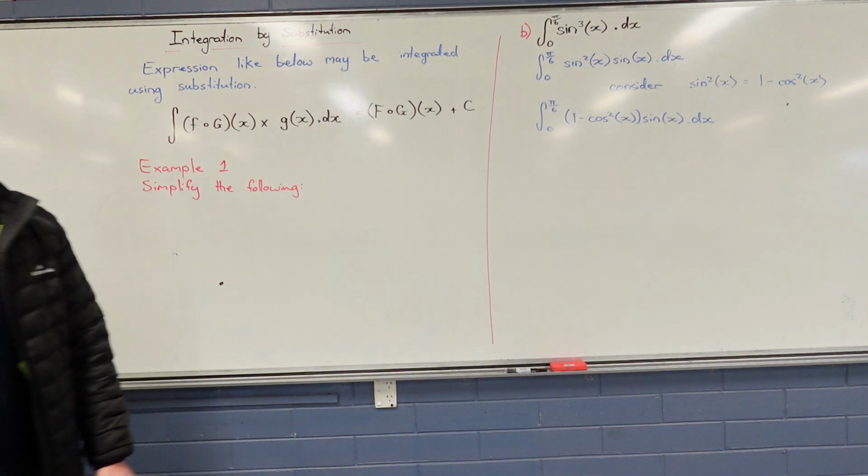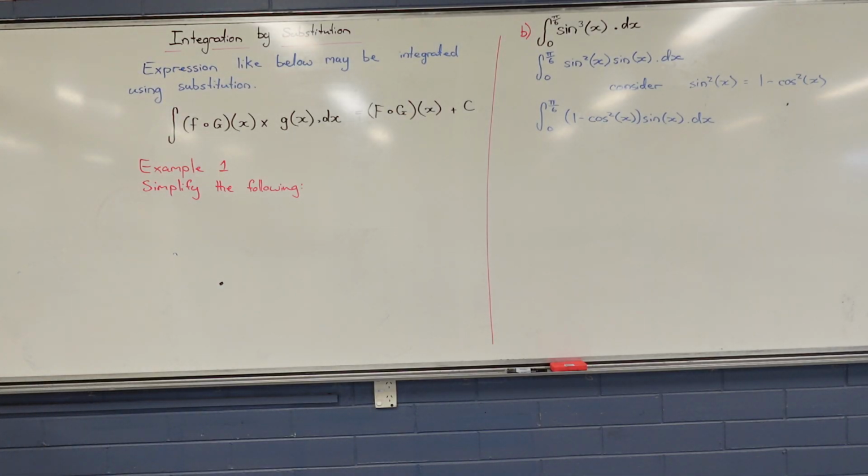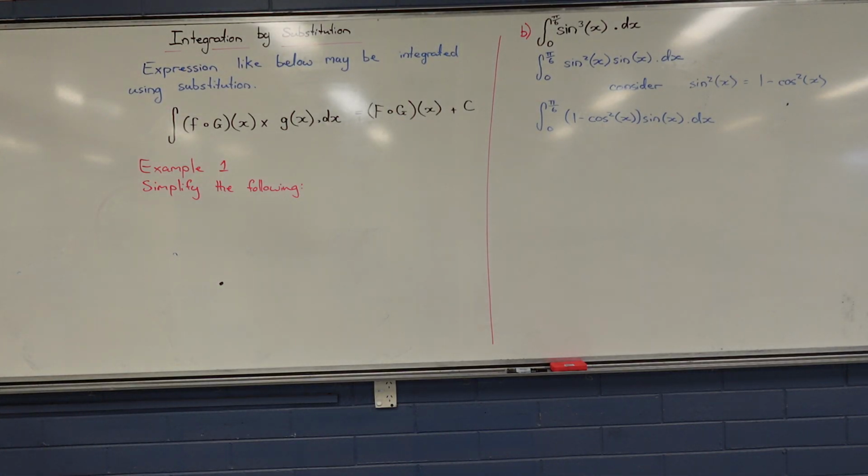Now let's look at what we have, something very different to what we saw before. Does one of the factors look like it's almost the derivative of the other factor? Almost, something with the cosine and the sine.